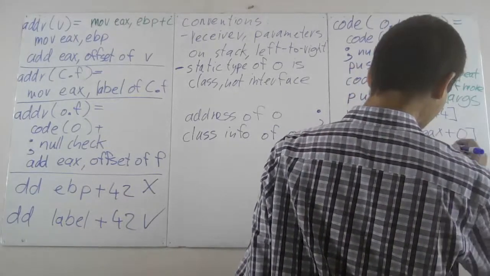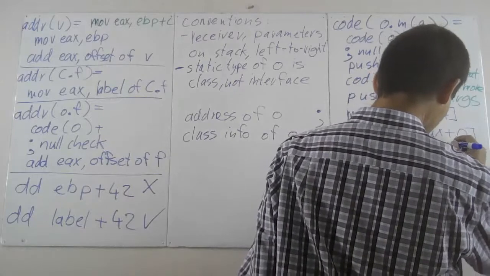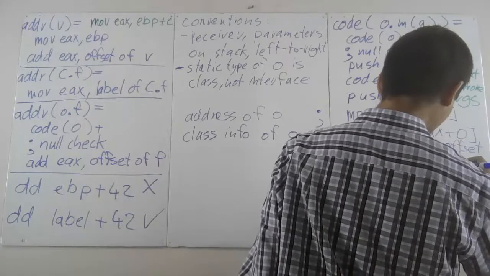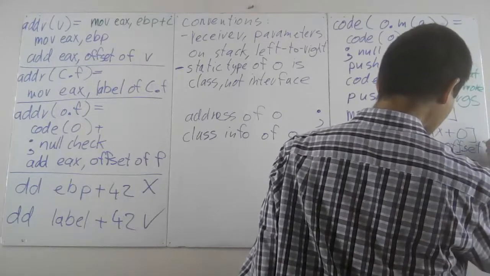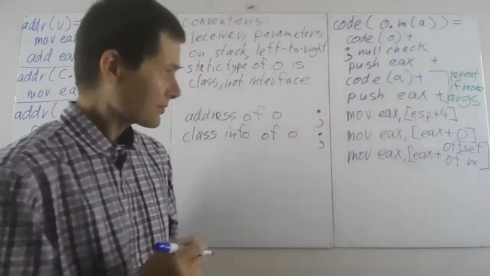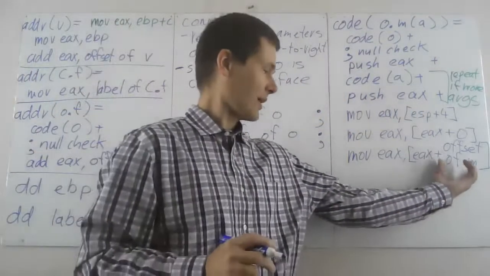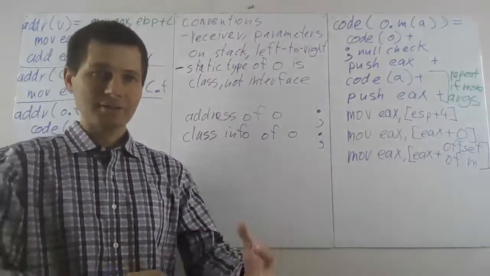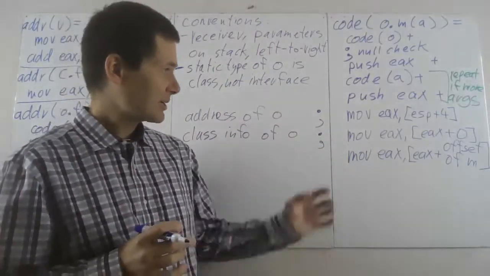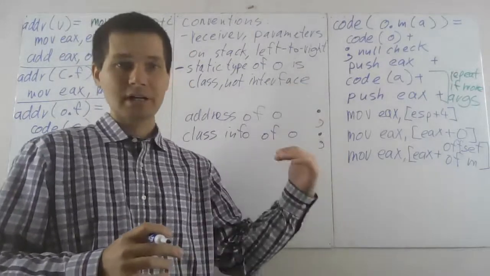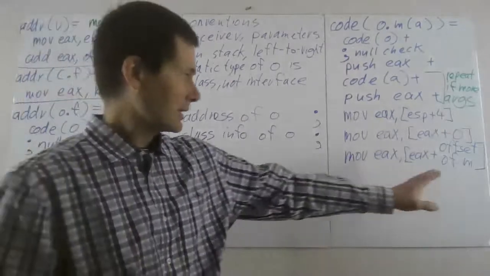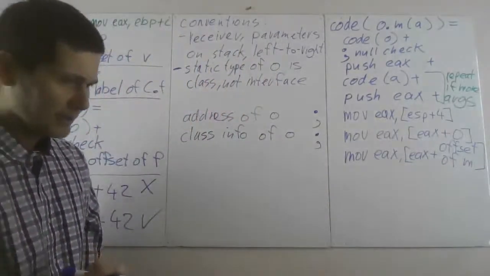Here I'm going to do EAX plus the offset of method M. That offset is going to be a compile-time constant. In my compiler, I map each method to the word in the class table where its address can be found, and so I put that constant there.